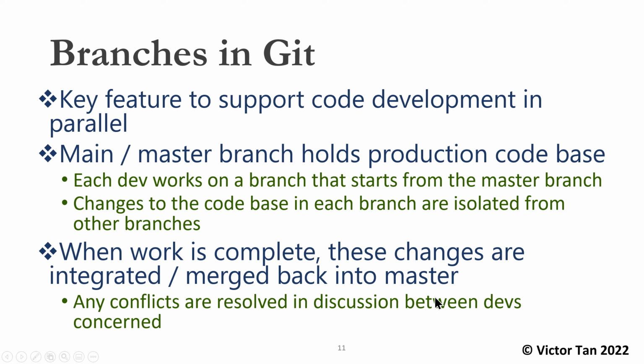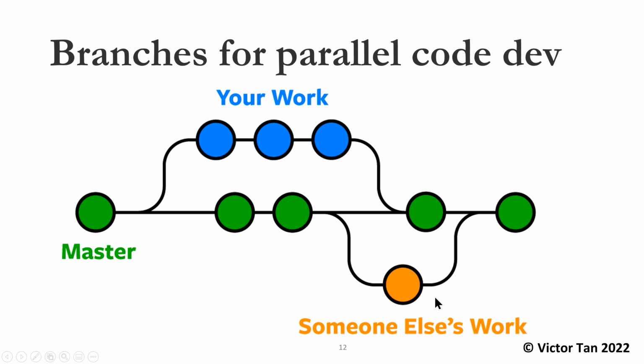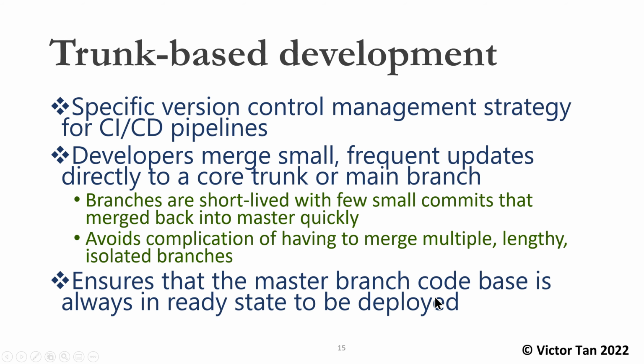And when a conflict involves code that has been worked on by many different developers, that discussion can be very long, very intense, very heated, and can take a long time to resolve, which is not so good for a CI/CD pipeline.